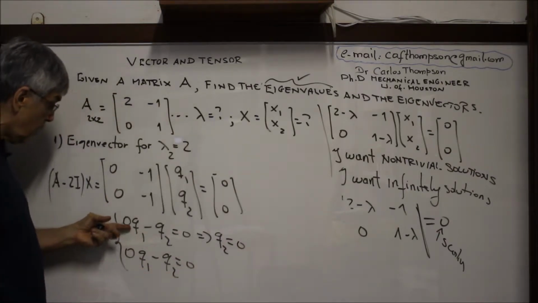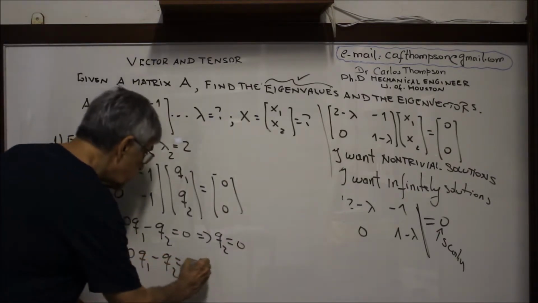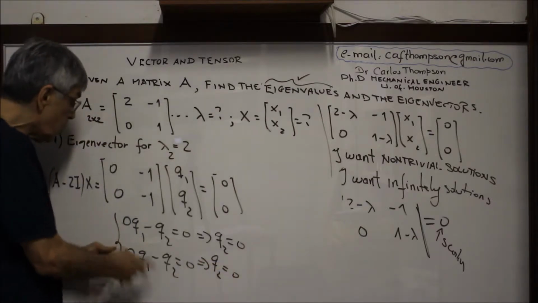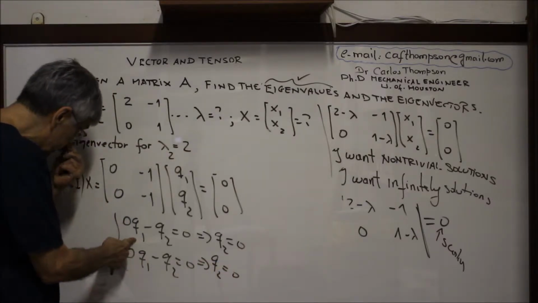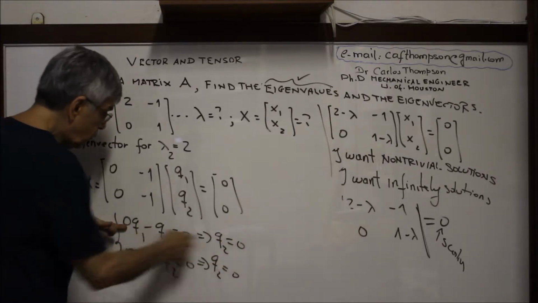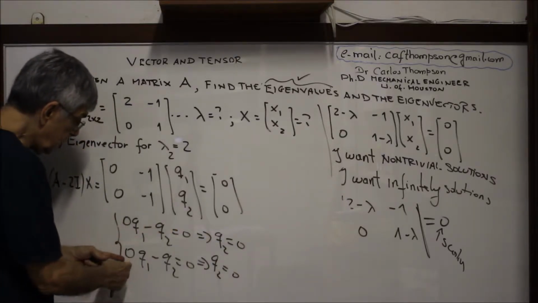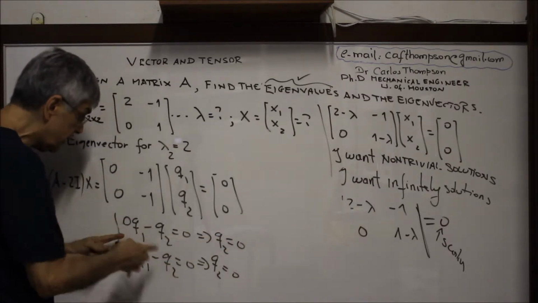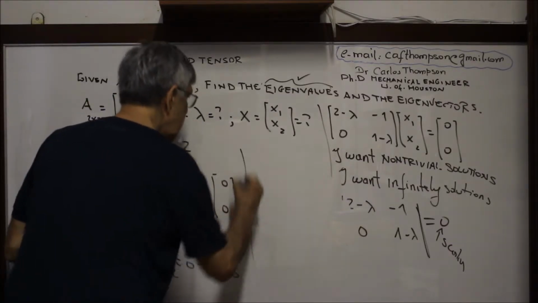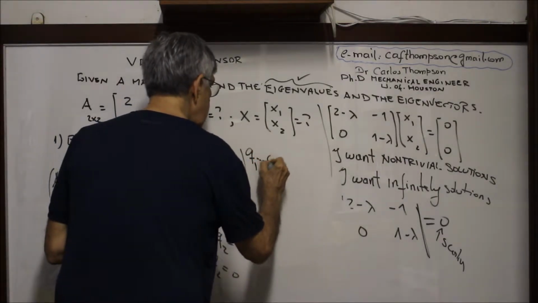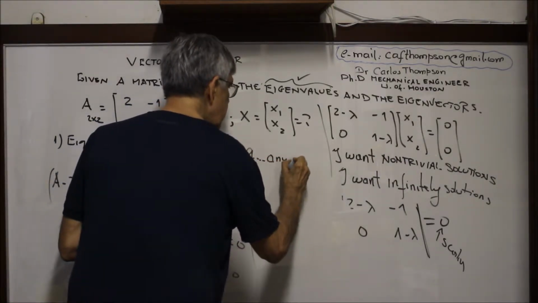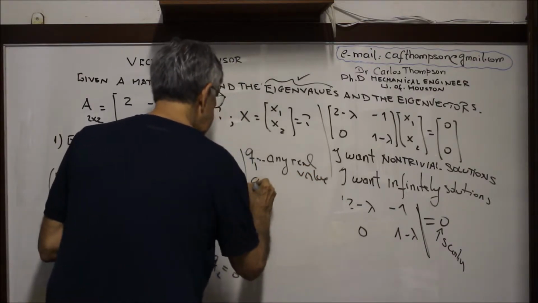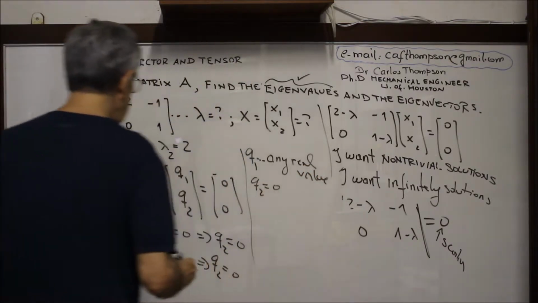So in this case, q1 is any real value and q2 is equal to 0.